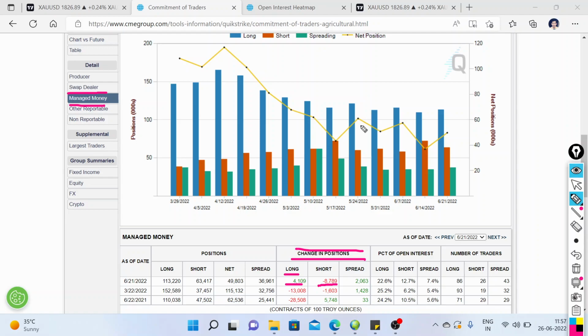From the chart also you can see that the long position has some increment.